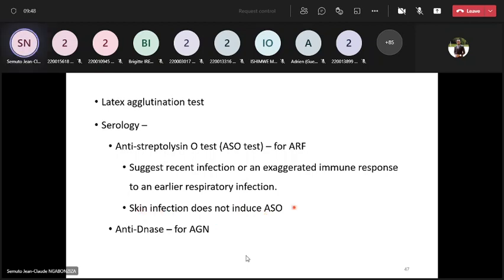The skin infection does not induce this, so it will not induce anti-streptolysin antibodies. Only in the case of pharyngitis, the internal colonization, internal infection, do we induce this anti-streptolysin O. You can do anti-DNase in case of acute glomerulonephritis. So you no longer, or possibly you don't have the pathogen, but you can do this antibody test, detecting this antibody, which is related to streptococcus, by diagnosing this immune-mediated condition.